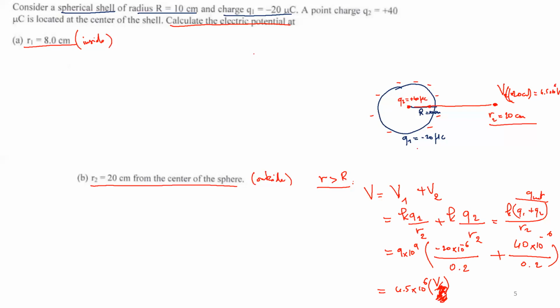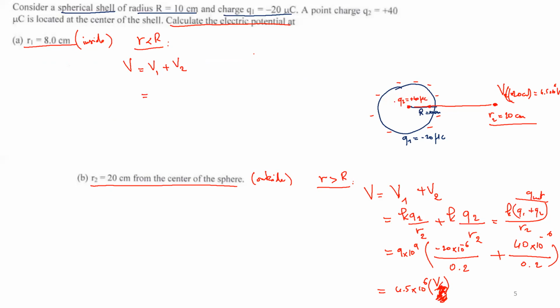Now, what about inside? Inside is very simple as well. So I want, when R is smaller than the radius, what is the electric potential inside? The electric potential inside, V, will also be V1 plus V2. Now, what is the electric potential from the shell?